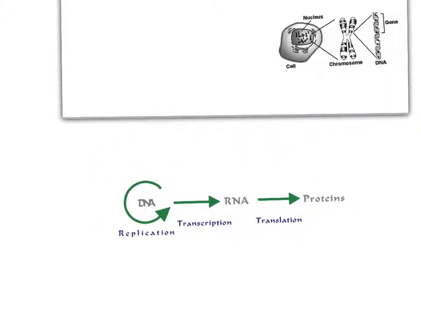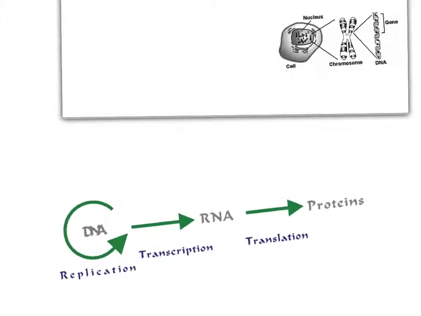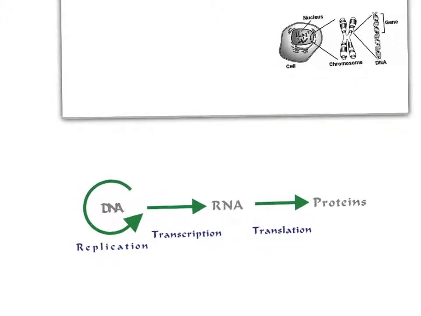The answer can be summarised in what is sometimes known as the central dogma of molecular biology, which goes some way to try to explain how DNA exerts control over cells and therefore exerts control over characteristics of individuals. If I look at this diagram here, this summarises this central dogma of molecular biology, which deals with DNA.